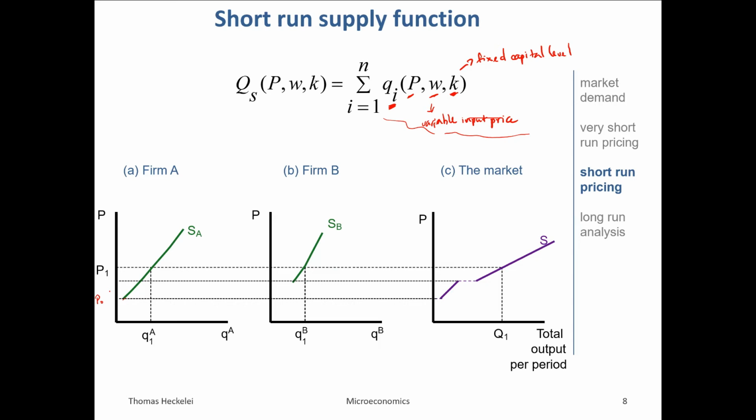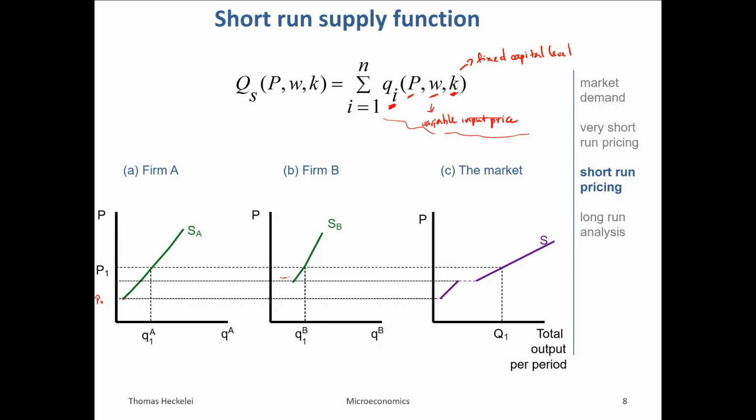When we talked about supply before the Christmas holiday, go back to that slide and there you will find the explanation for this form. But for now, just pay attention that firm A is willing to produce at price P0, but firm B only produces when the price is P1.